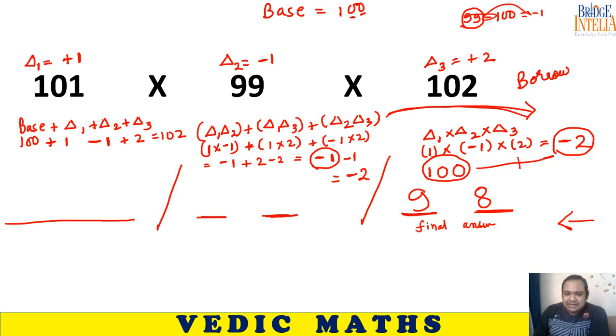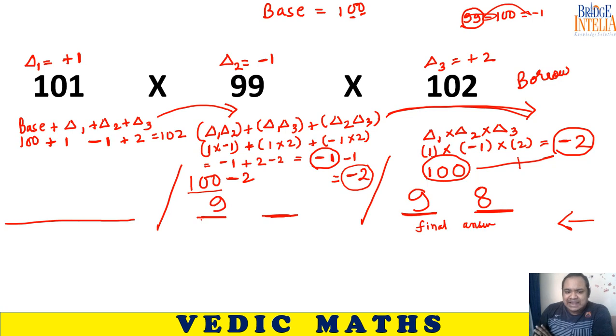Now come to the middle part. Here currently it is minus 2. I cannot write a negative number, so I take a borrow of 1 from that side. That 1 will become 100 because there are two blank spaces here. So now in this chamber there is 100 and minus 2, so the final answer is 100 minus 2, 98.